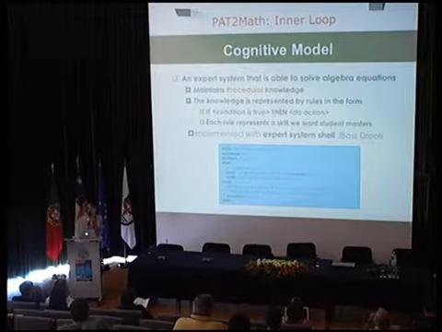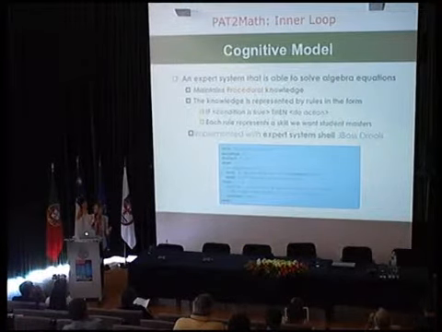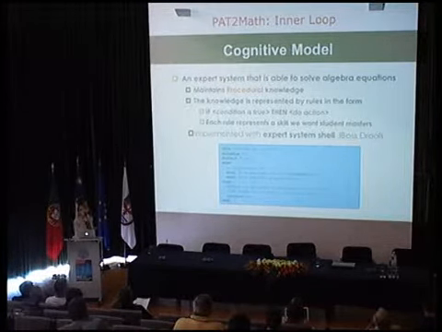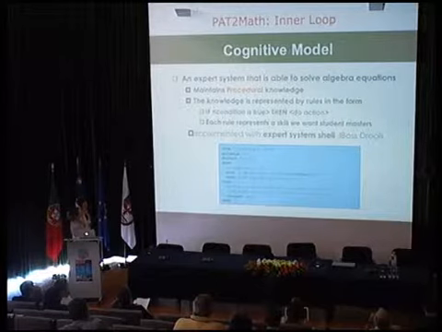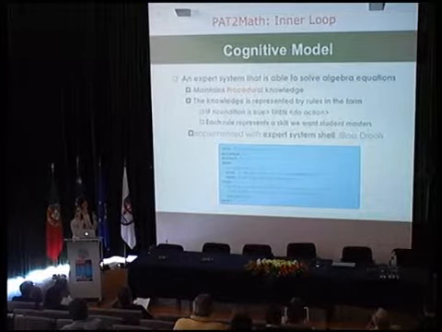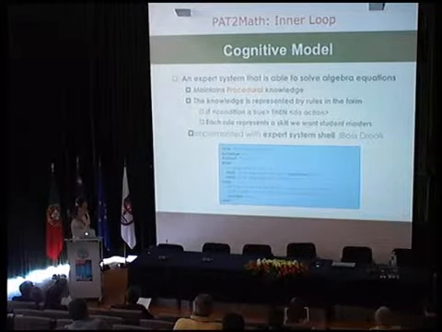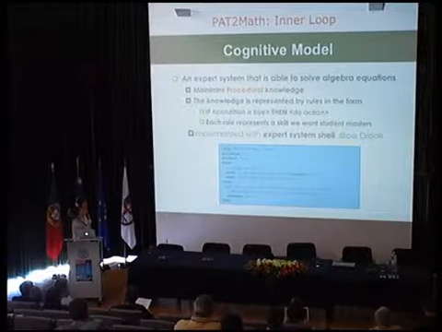As I said before, in order to solve an equation and to correct the student's steps, the system has an expert system. We call this expert system a cognitive model. It's a rule-based expert system, so the knowledge is represented in rules, and rules are in the form: if condition is true, then do action, do this algebra operation.